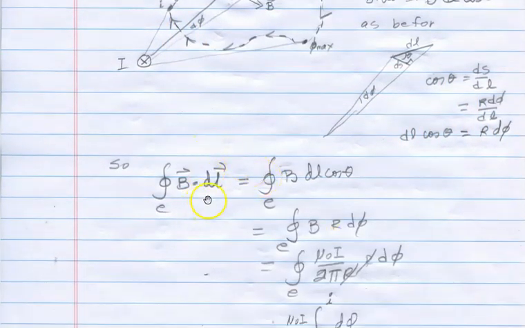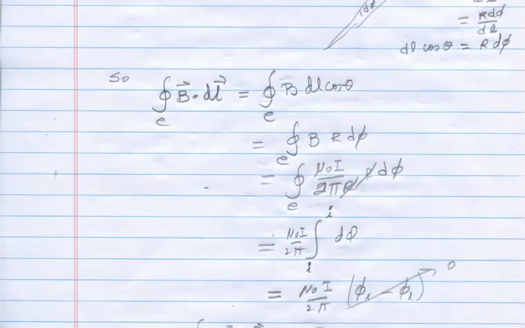So this integral is the integral of B dl cosine theta, which is r d phi. And now it's the integral around this closed curve. But the magnetic field produced by the wire is still that of Ørsted, mu naught I over 2 pi r. The r's still cancel, and I'm down to this expression all the way around the closed curve.